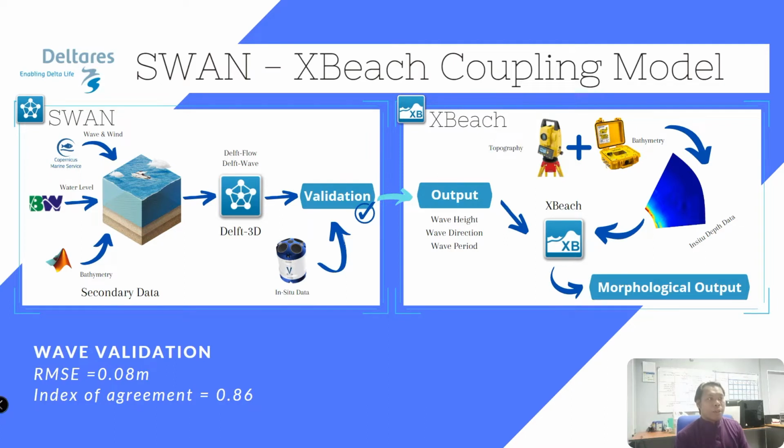SWAN is basically used for wave extraction. The waves simulated by SWAN are validated using the ADCP. The result from the validation for wave RMSE is equal to 0.08 meter, while the index of agreement is equal to 0.86.